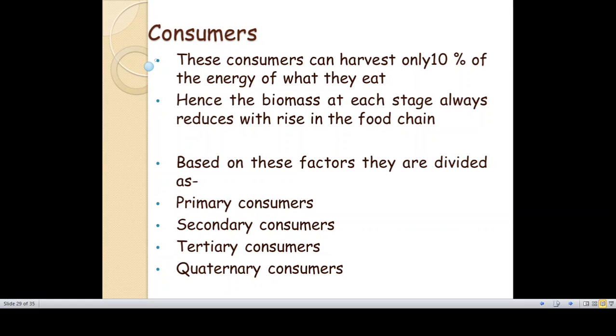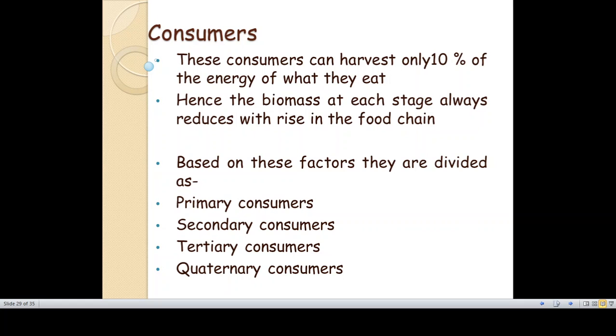On this basis of division of consumption of energy, we basically divide consumers as primary consumers, secondary consumers, tertiary consumers and quaternary consumers. Now keep in mind, even though we are calling them primary, secondary, tertiary and quaternary, they are basically herbivorous, which are called primary consumers or first order consumers; second order consumers; third order consumers for tertiary consumers; and quaternary consumers, which will be called fourth order consumers, or also omnivorous organisms.